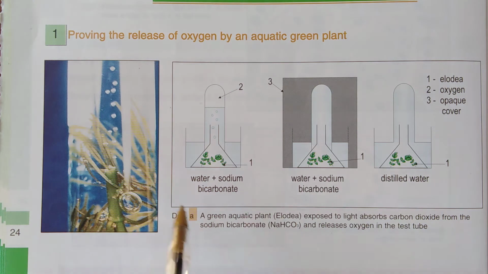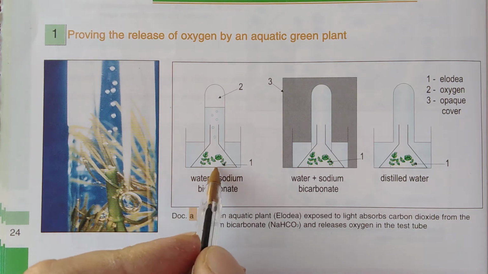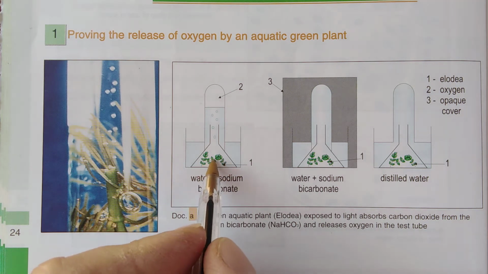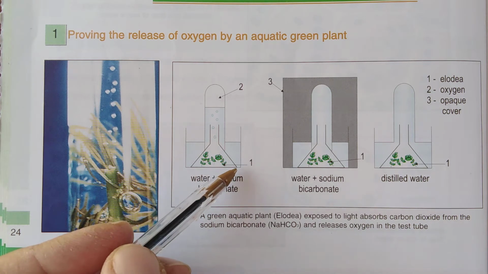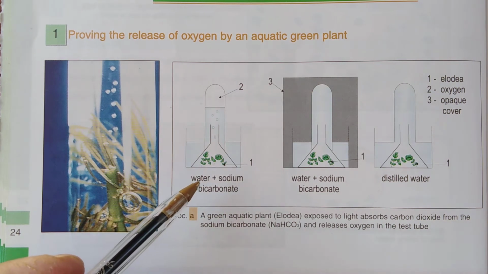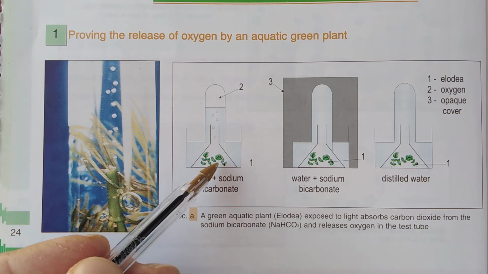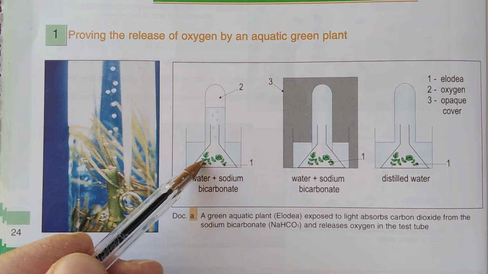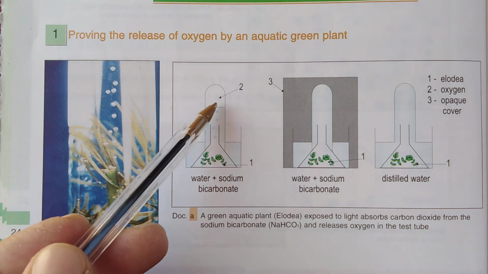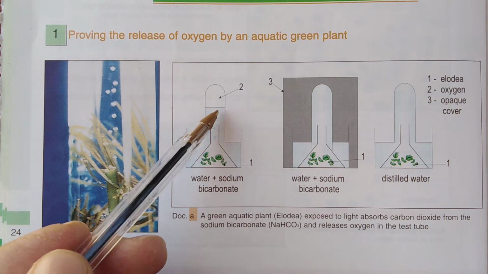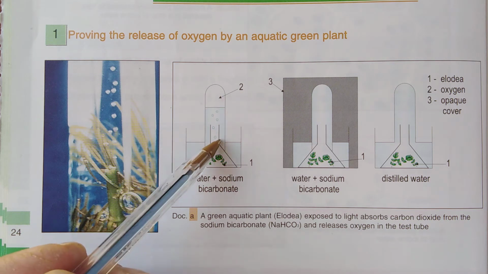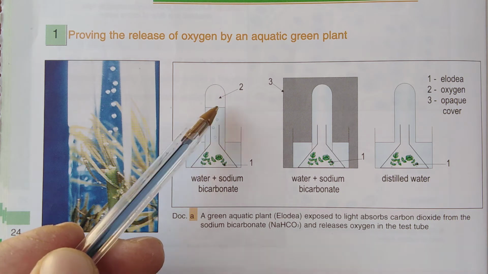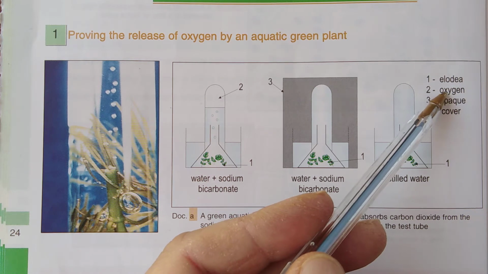Okay, and we introduced the Elodea plant under these ones, and finally we immersed them all in water, so gas will be liberated and collected at the top of this test tube, which represents oxygen.